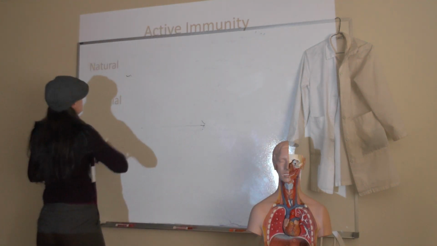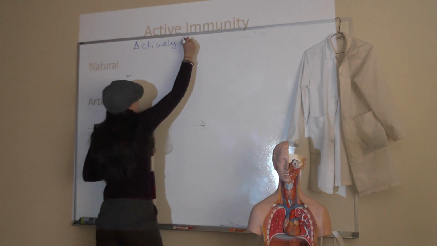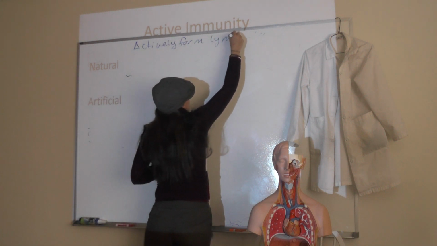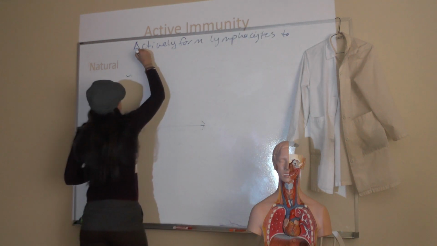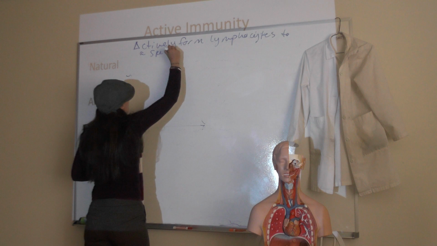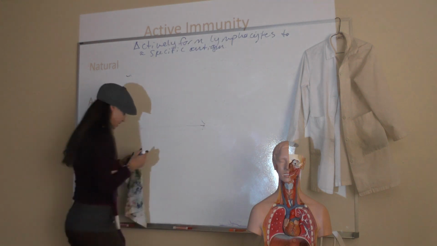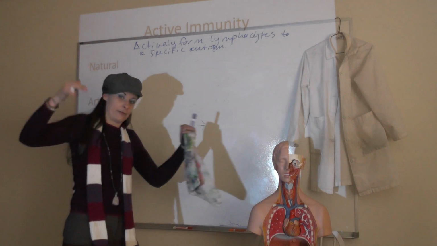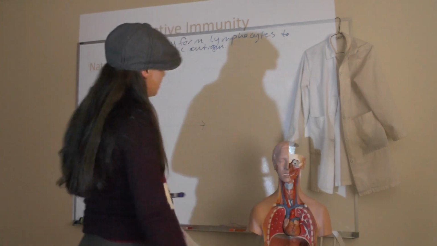So in active immunity, I actively form lymphocytes to a specific antigen. That's what makes it active, is that I'm actively forming this clone of specific lymphocytes.